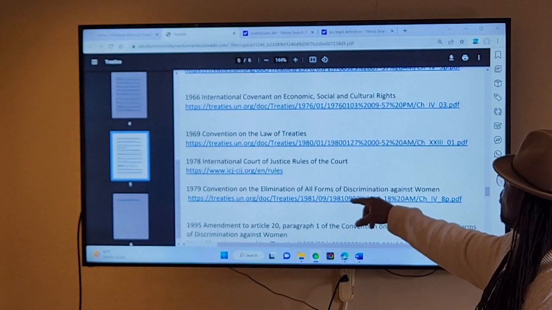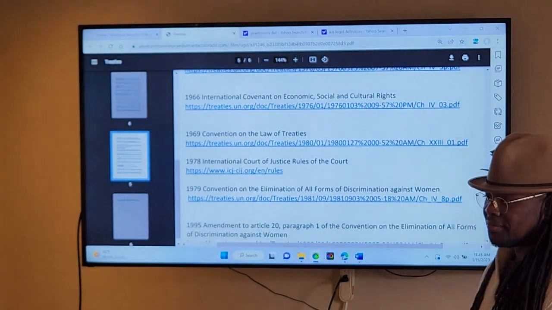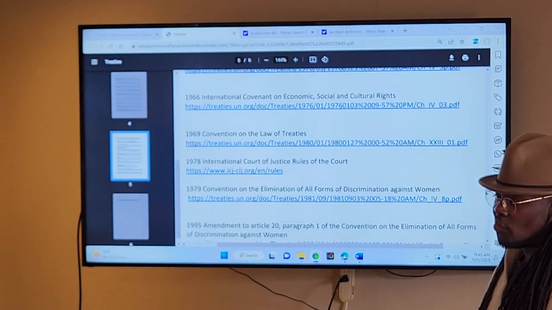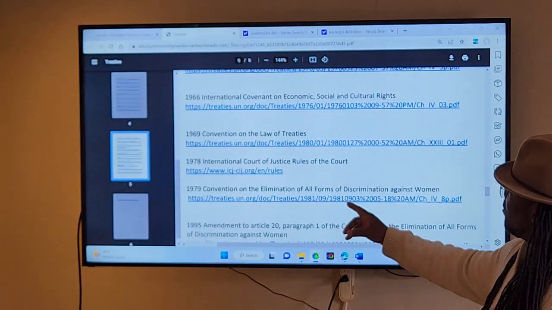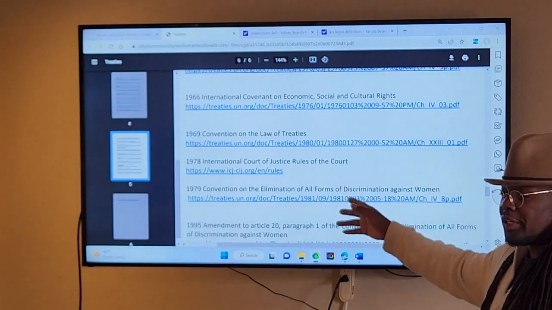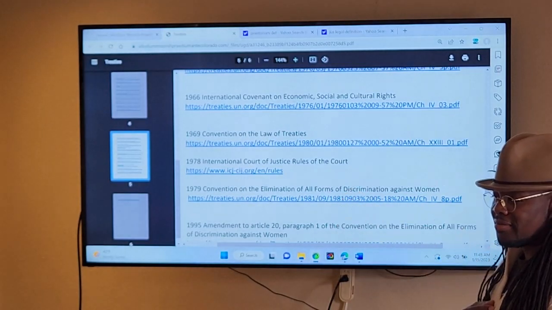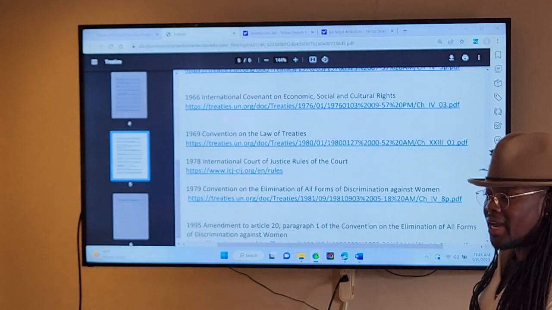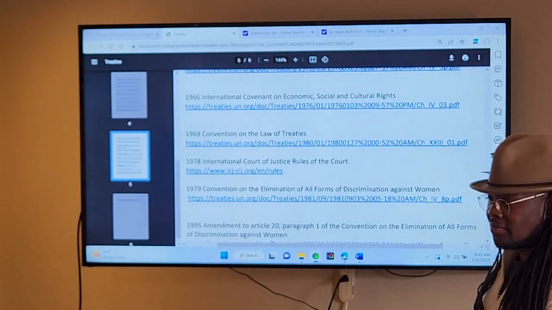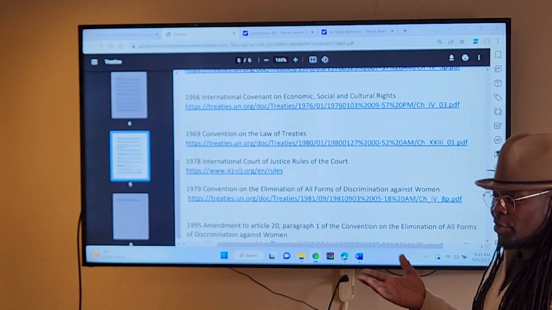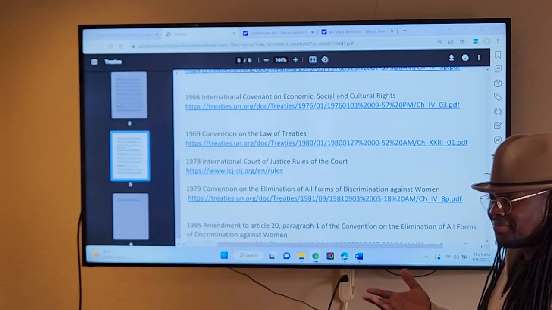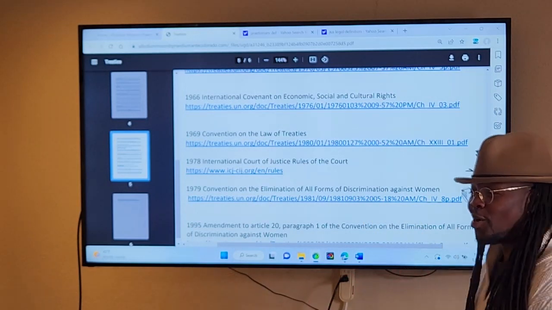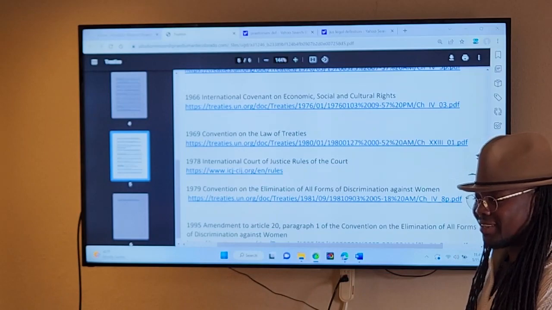Let's say there's an arbitrary rule in the Rules of the Court that we're not aware of, and we violate that rule. Are we held accountable? Ignorance of the law is no excuse. No. Right.